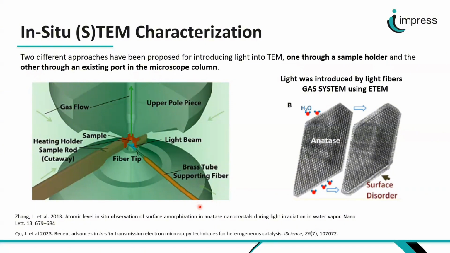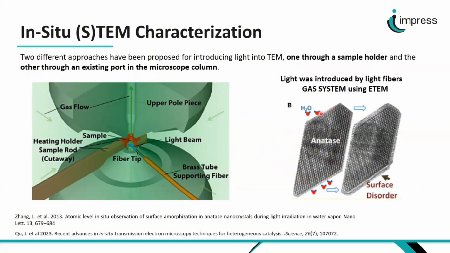So here they were doing a water splitting reaction using titanium oxide nanomaterials. And for this, they were using a kind of light fiber under a gas system, because it was water vapor.